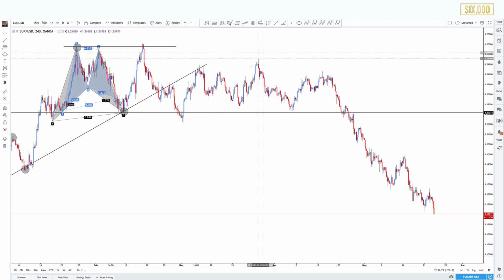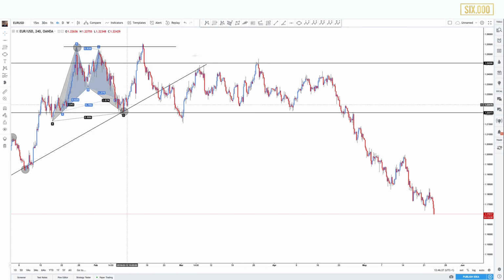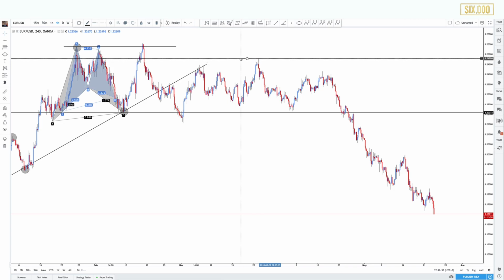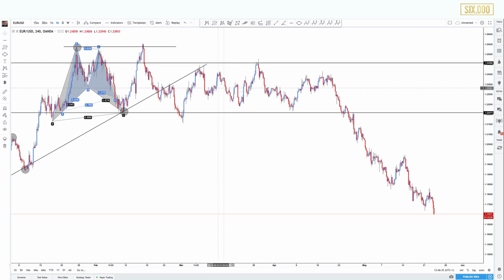We did have a period where price moved sideways for quite some time, almost within this range between the D point and this resistance area here. This would have been the maximum, around about this area. See, price was moving within this zone, and not only did it close below the trend line, it closed below support. It failed to push lower.